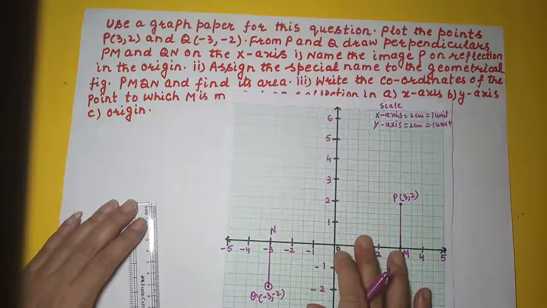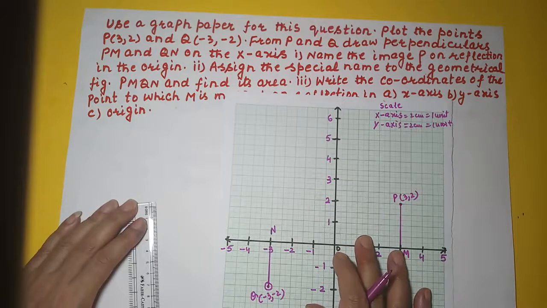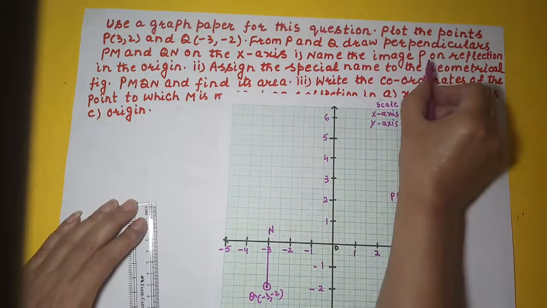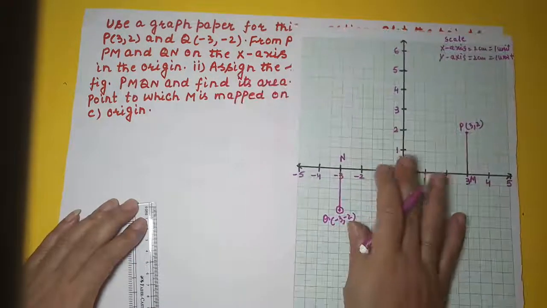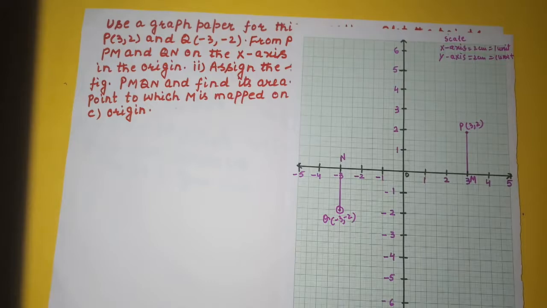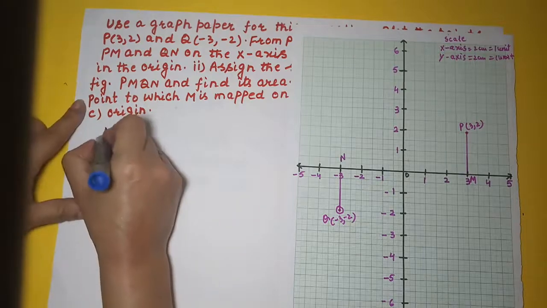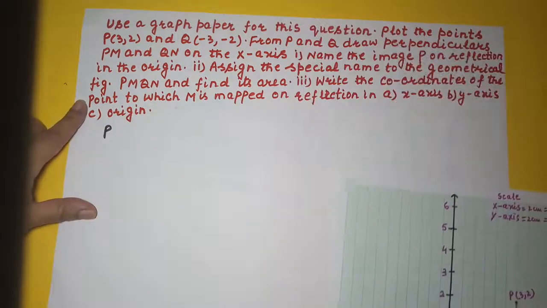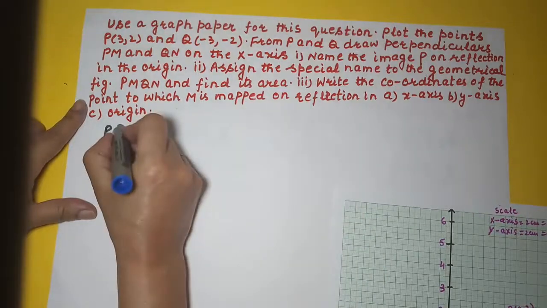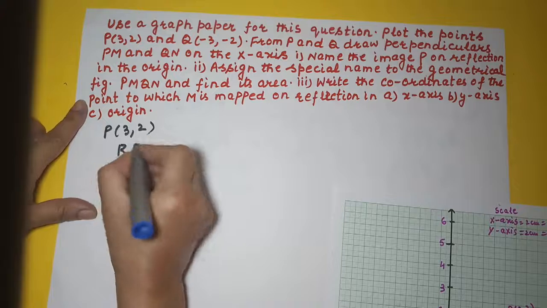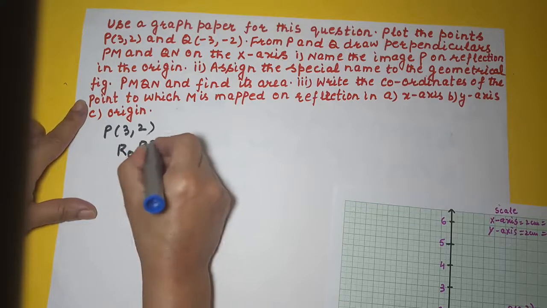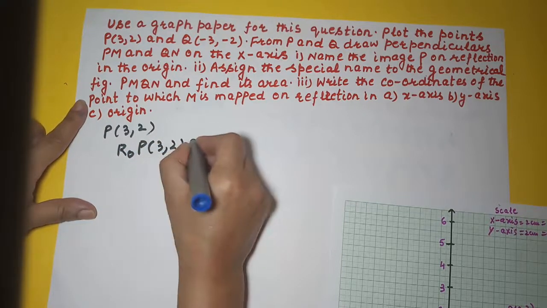Okay. Further, he's saying that name the image of P on reflection in the origin. Okay. So what is my point P? My point P is (3, 2). So if I am reflecting this point P in the origin, what am I getting?